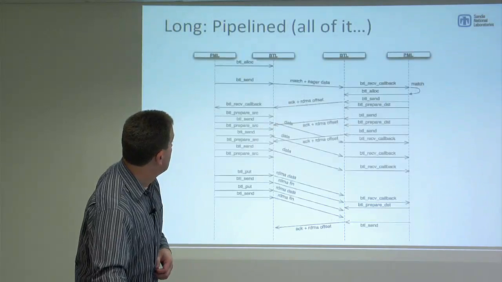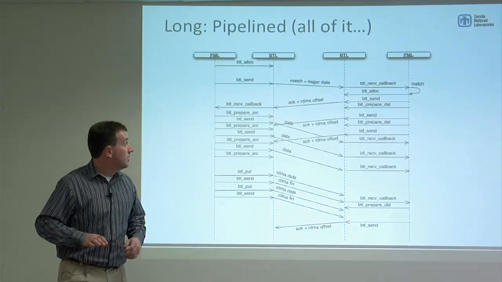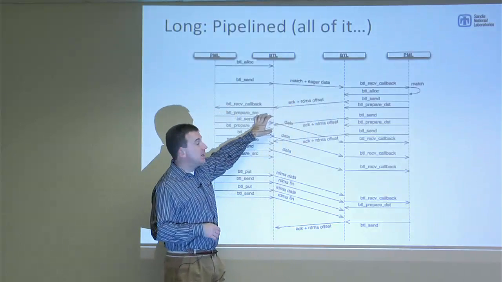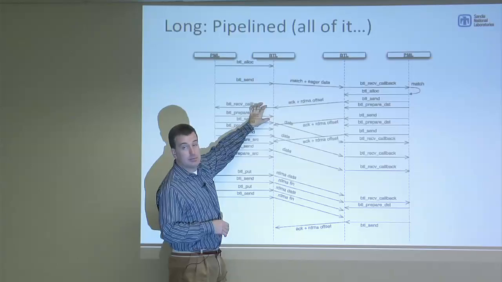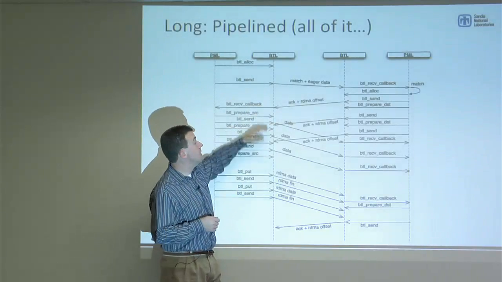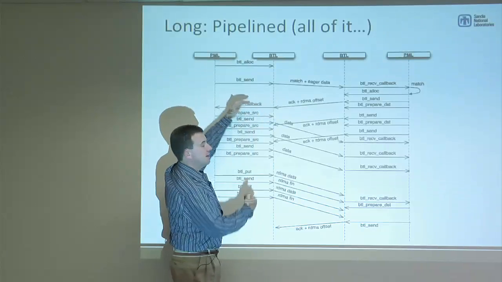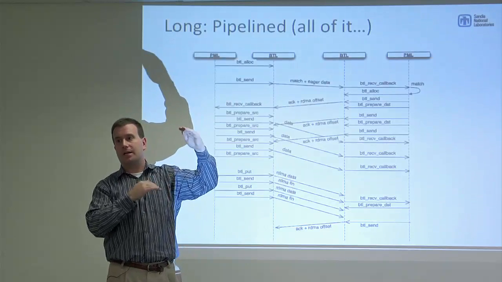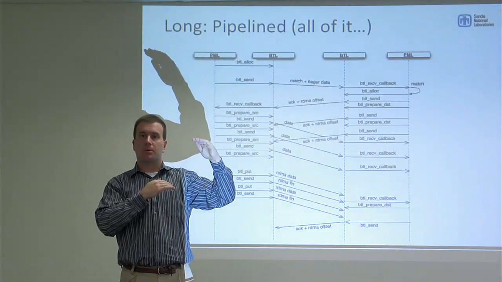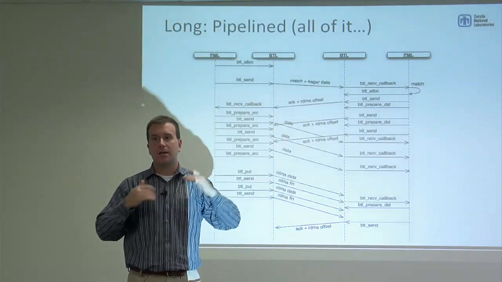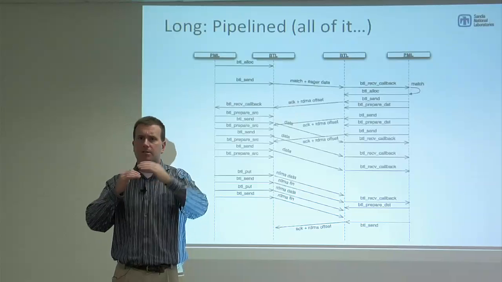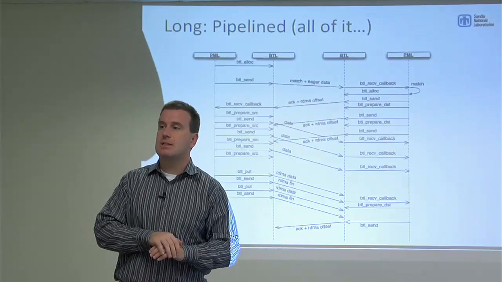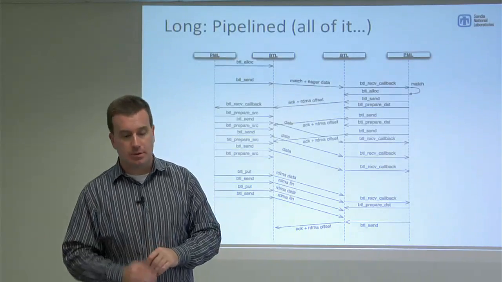What we're trying to do is set it up so that we start the transfer, and then we're pipelining the preparing of the memory, doing this registration, with the actual puts, so that you get everything kind of slammed together. So you don't have this really long period of time where all you're doing is preparing, the NIC and kernel registration, and then you're sending, and then you're freeing. You're doing a little bit of both at the same time, because the NIC is perfectly capable of sending while it's preparing a different buffer for sending.